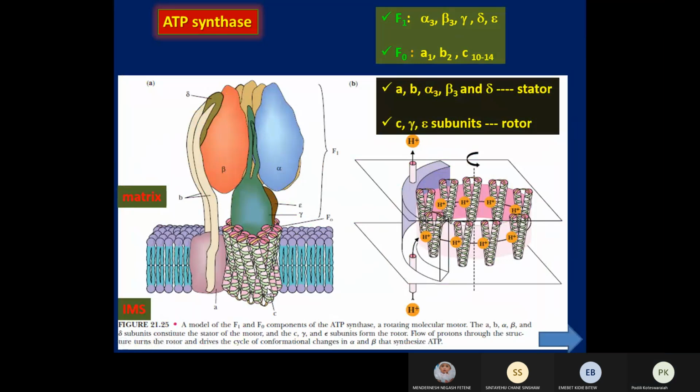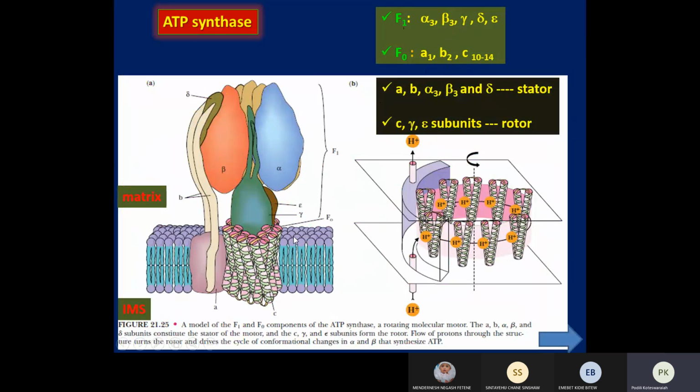The F1 complex has 3 alpha subunits and 3 beta subunits, 1 delta subunit, 1 gamma subunit, and 1 epsilon subunit, whereas the F0 has 1 a subunit, 2 b subunits, and 10 to 14 c subunits.